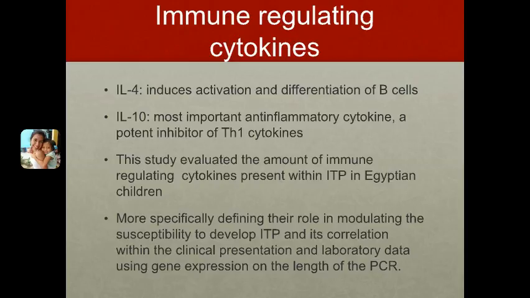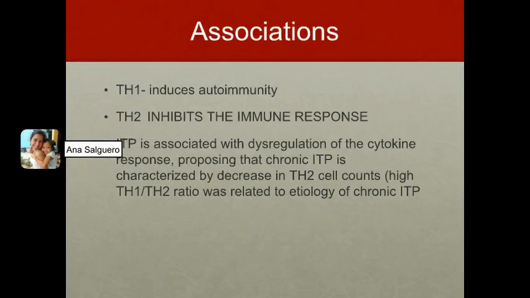Basically, they looked at the role of these cytokines in modulating susceptibility to ITP, with the correlation and clinical expression amongst the lab data and the gene expression measured by PCR. The specific associations were that the T helper 1 cells did induce autoimmunity, and the T helper 2 cells inhibited the immune responses.